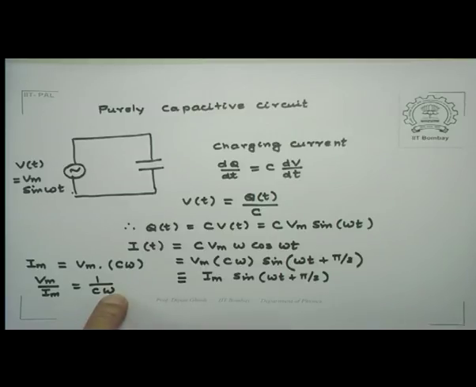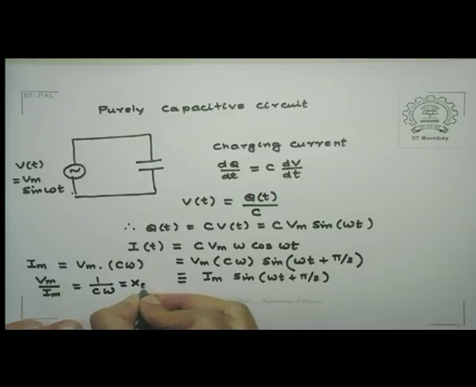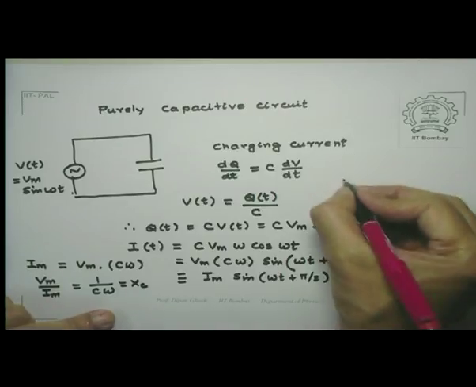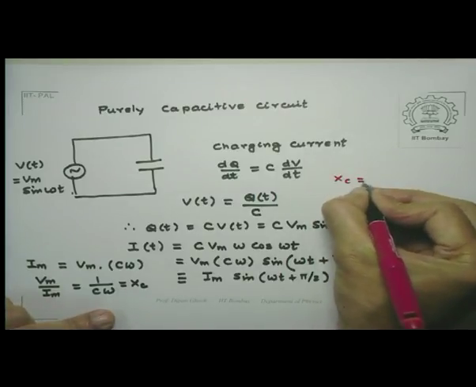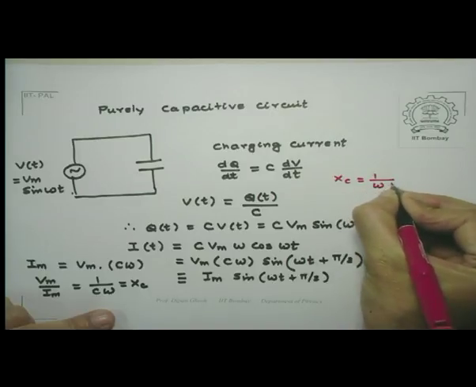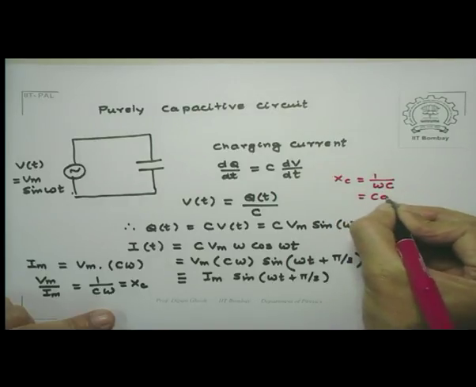So notice that the role of resistance in a DC circuit is played by this factor 1 over C omega, and that is usually denoted as Xc, and this Xc is known as capacitive reactance. So let me make a note here that Xc is equal to 1 over omega C, the capacitive reactance.